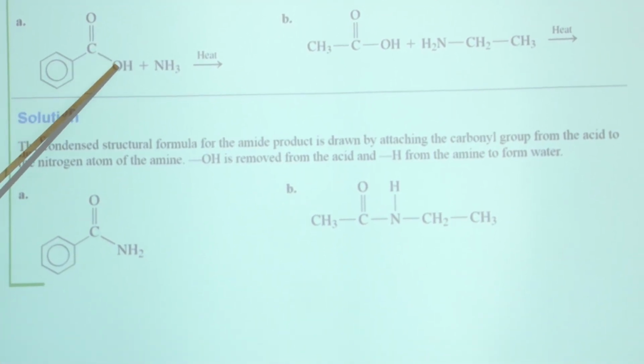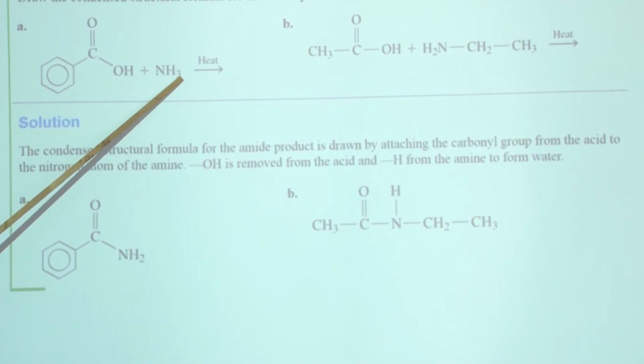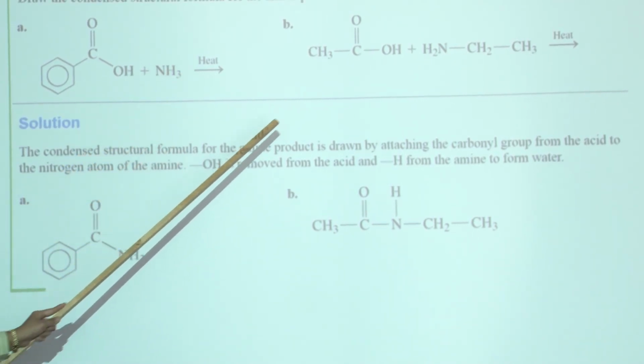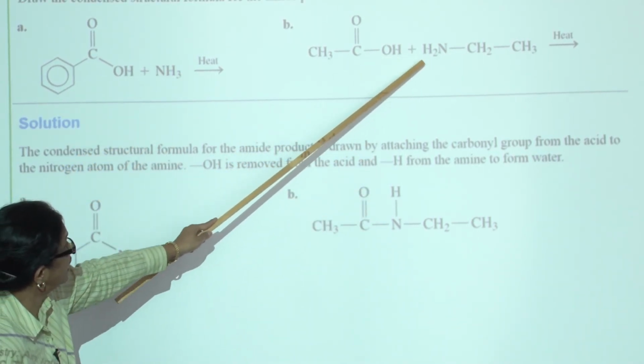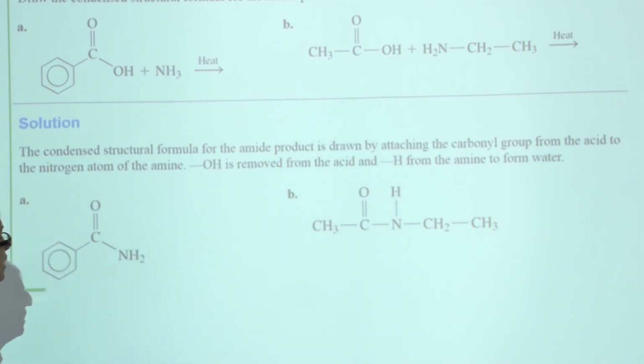You are taking the OH and the hydrogen as water, and there is your amide. The condensed structural formula for this will be your amide. An amide comes from a carboxylic acid and an amine.